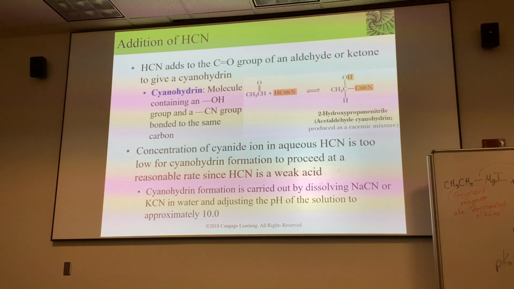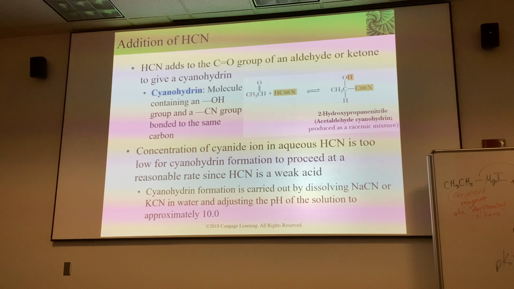Basically, the concentration of the cyanide ion matters, because are we actually going to be attacking this carbon with cyanic acid? I mean, I don't know, we could try, but honestly, what's going to make this a much better nucleophile is if we deprotonate it, right?